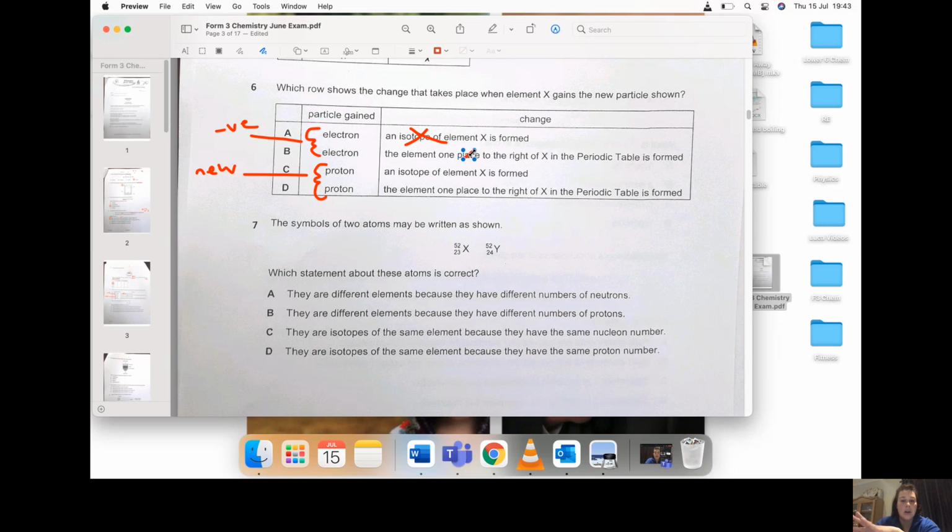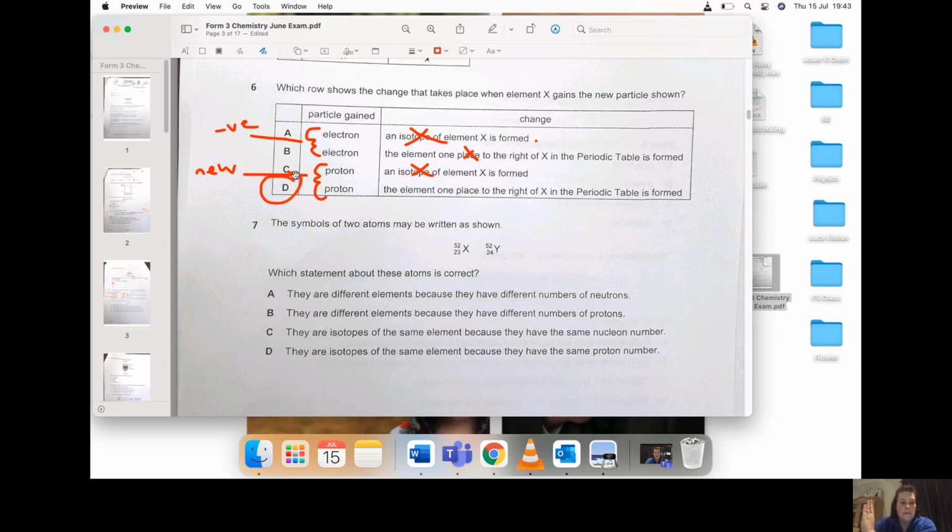If I gain an electron, all I do is change my charge. If I gain a proton, an isotope is formed. No. An isotope is formed when your nucleon number changes. So that leaves us with D.